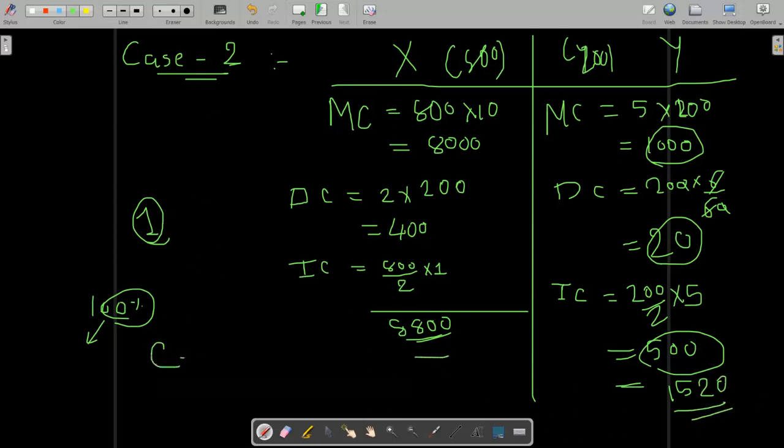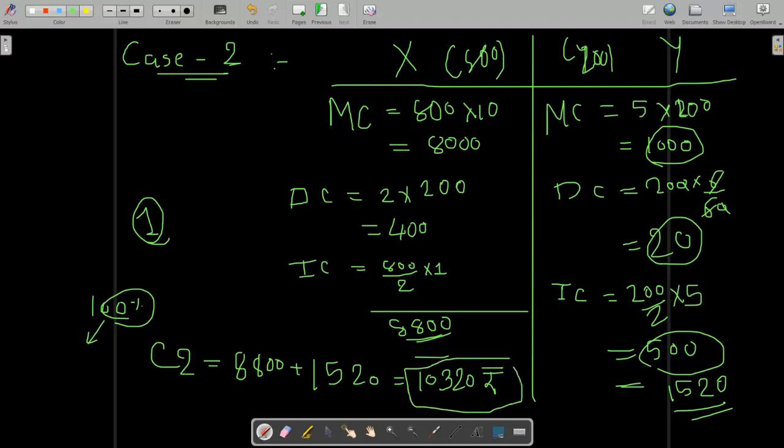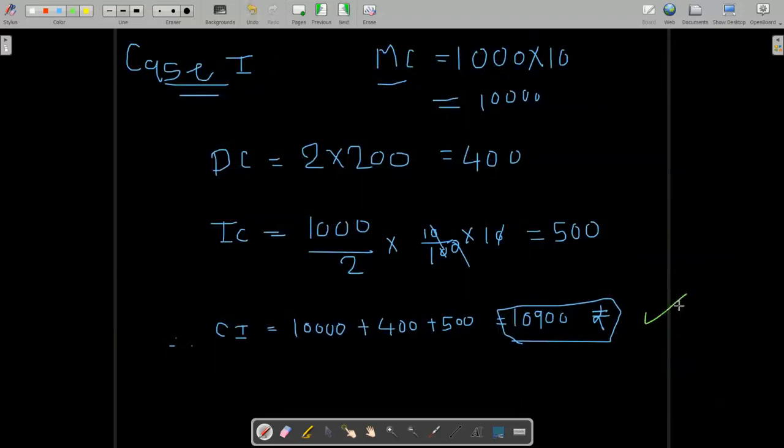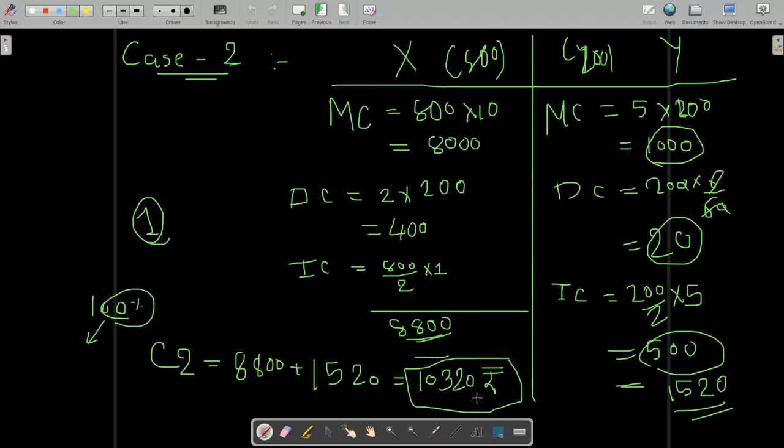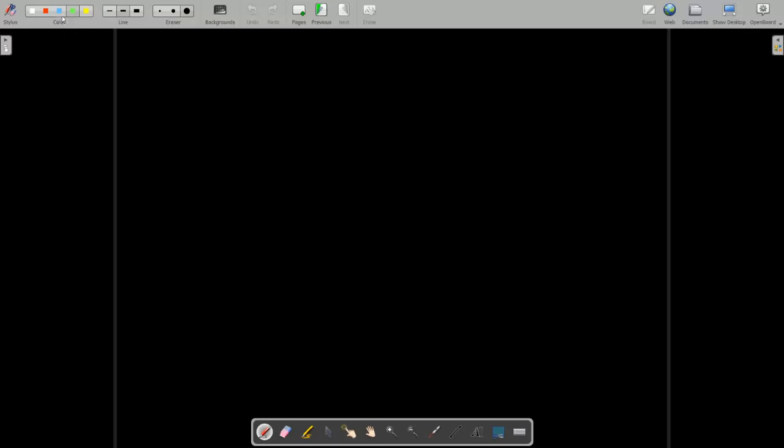Now for case 2, 8,800. The total cost in case 2 is 8,800 plus this Y 1520. So it will come out as 10,320 rupees. So here you can see this. Initially 10,900, now 10,320. And now we have to find the reduction percentage. Just convert into percentage by C1 minus C2, with respect to C1, multiply by 100.